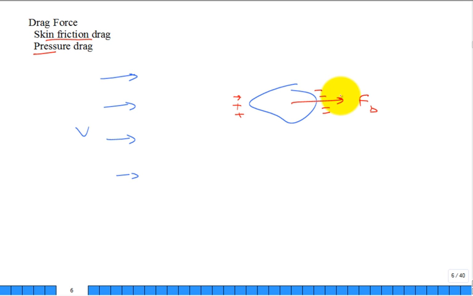That can give a net component to the drag force. In addition, you have the fluid flowing over, and it's always exerting a shear stress at the surface because of the viscosity, right? Because of the shear stress, that's a skin friction drag. So both of those components add up to give you the total drag. It's the skin friction due to viscosity and the pressure.